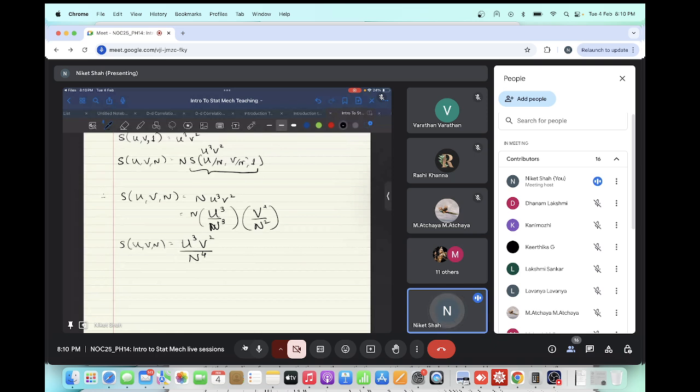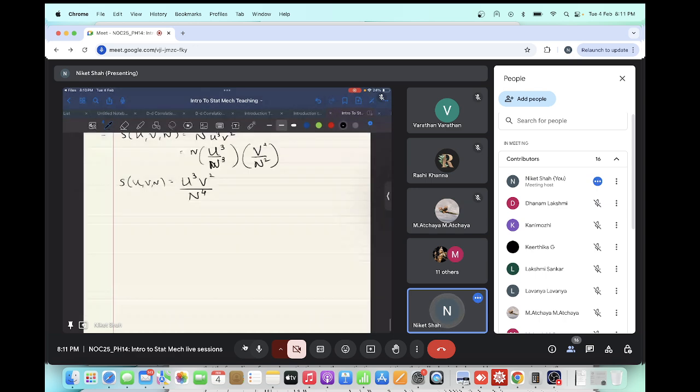Okay. So having said that, this is the entropy function that we have, and using this we want to find the equation of state of the gas. So firstly, how do you find all the expressions that we want?